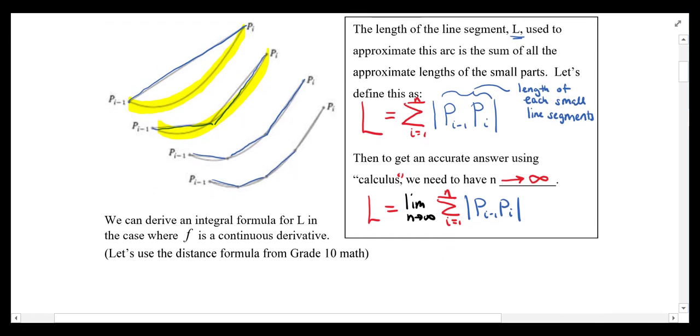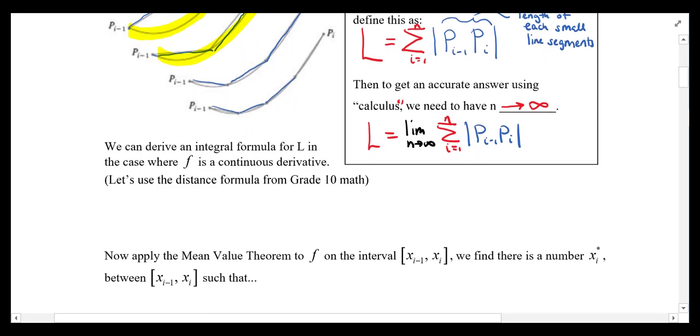Now, in order for us to do this, we can derive an integral formula for L in the case where f has a continuous derivative. Now, let us understand once again that this absolute value of P sub i minus 1 P sub i is actually just the distance between two points.